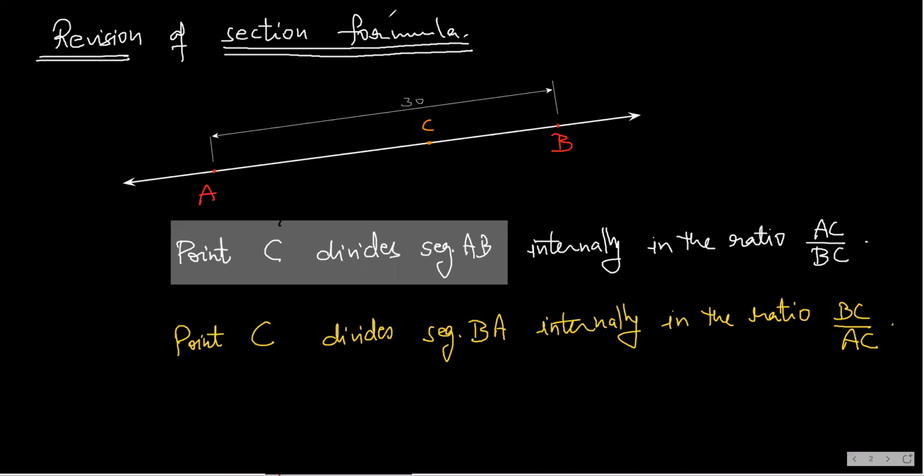And the distance between B and C is 10 units. So if it is this way, when this is 10, needless to say that the other part will become 20.